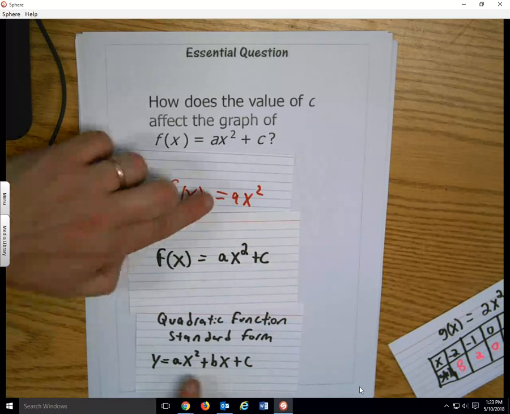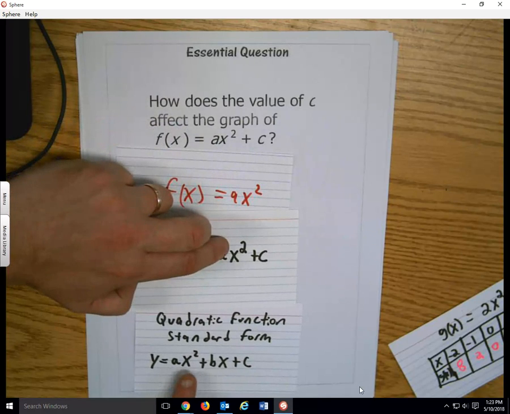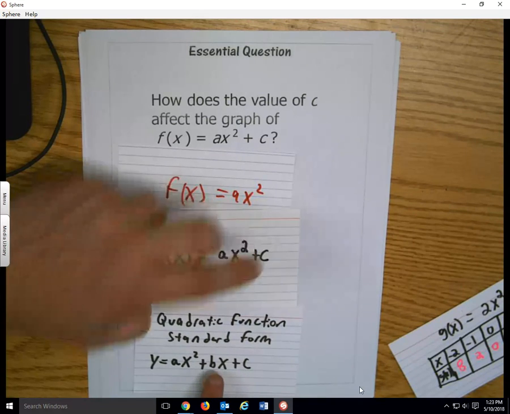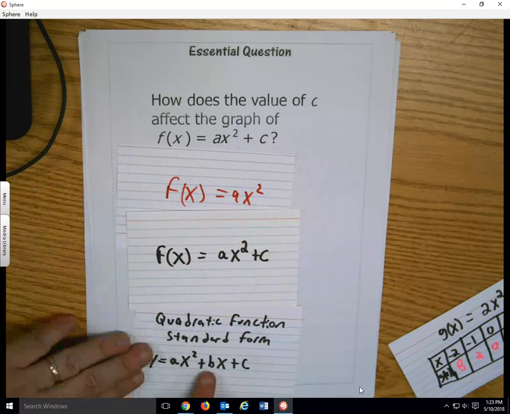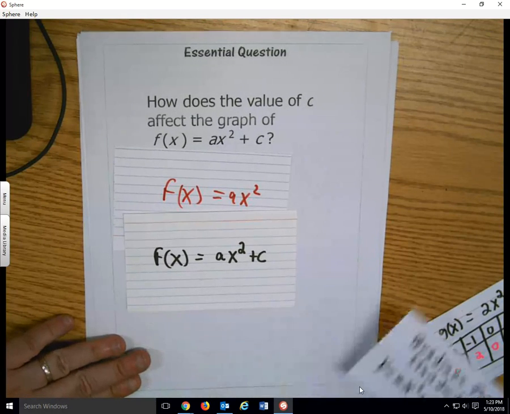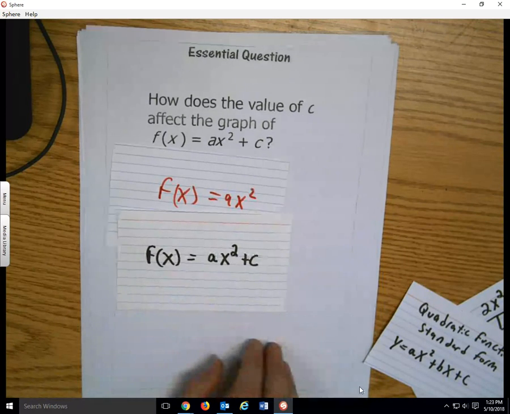Notice that we're doing the ax squared the first time. Now today we're doing the ax squared plus the c. So yes, you've guessed it, in a future lesson we'll learn how to handle it when there's a b in there, or bx, okay? But this is really an easier way to teach it, to start off with this.